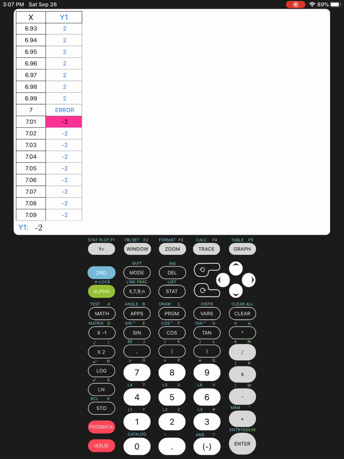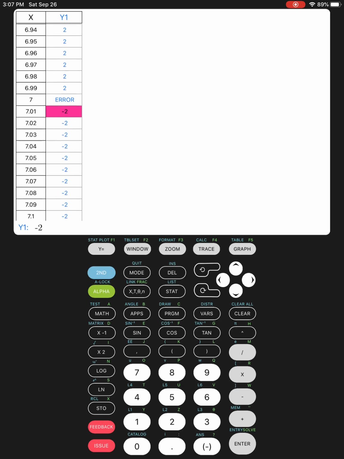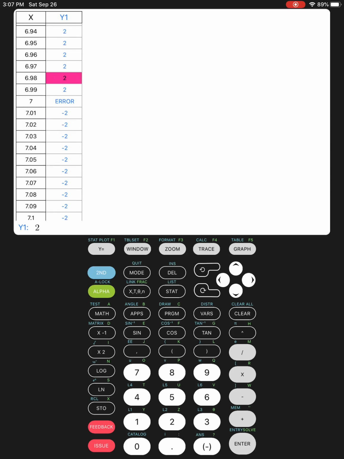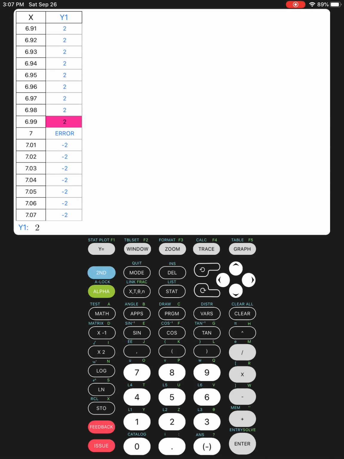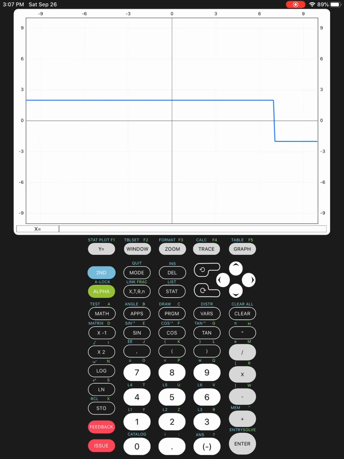So it looks like the limit as x approaches 7 from the right is going to be -2, and the limit as x approaches 7 from the left is +2. So this is one of the numerical ways to do it. We could also look at the graph, and notice that we appear to be pretty solidly at 2 all the way up to x equals 7, and then as soon as we get bigger than 7, we drop down to -2.